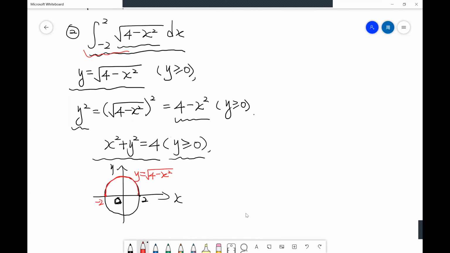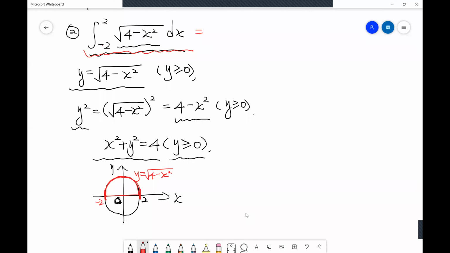And so we look back to the definite integral here. That should be from -2 to 2. So you can see here -2, here 2, and below the curve, above the x-axis is here.